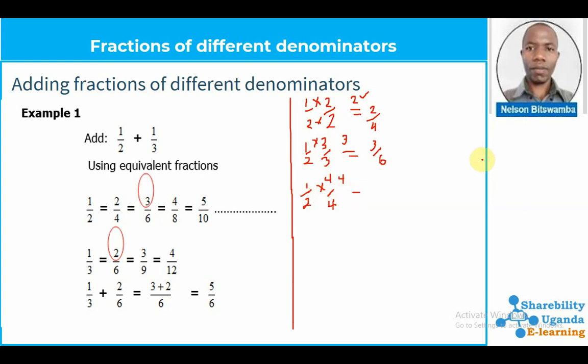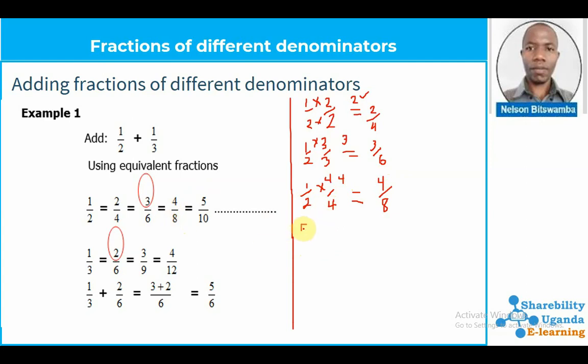So we shall come up with another answer here. What is 4 times 1? We shall get 4. What is 2 times 4? We shall get 8. So we can also see that we have got another equivalent fraction.